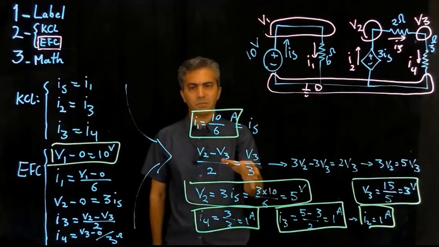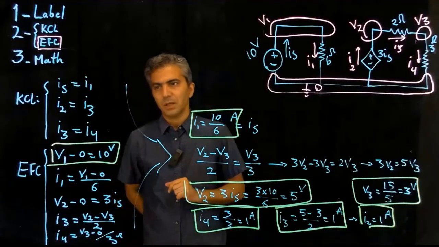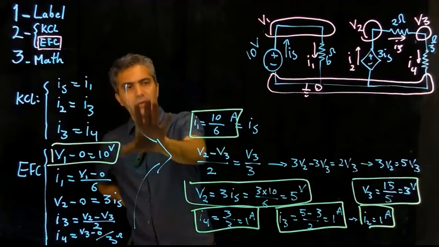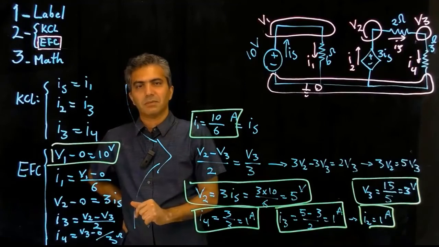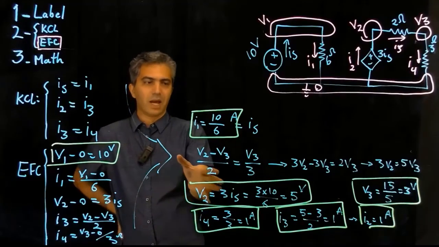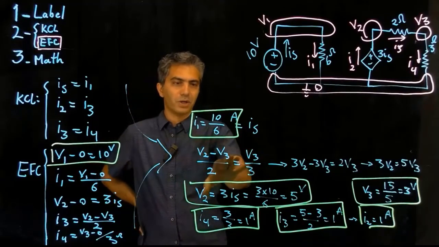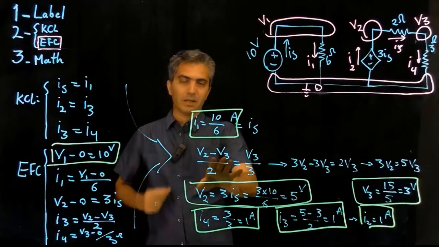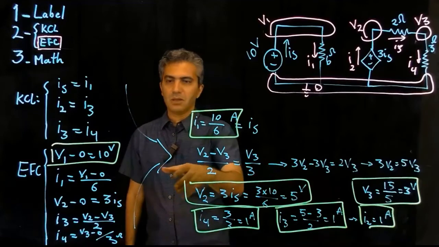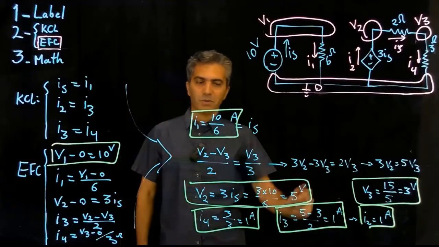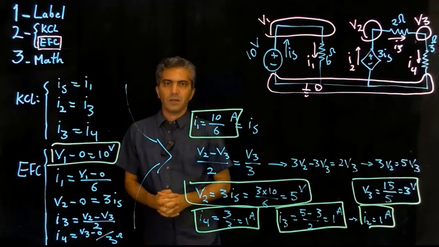A couple of things that I want to mention at this point to finish this lecture. The math associated with this seems to be kind of random. There's no order that is followed. I just look at these equations and find out intuitively how to go about calculating these values.